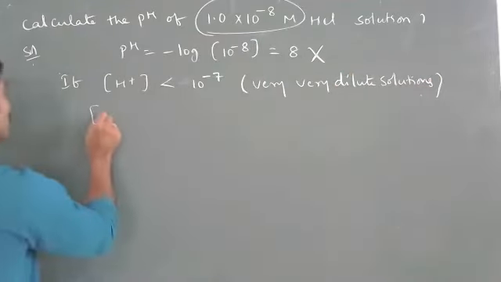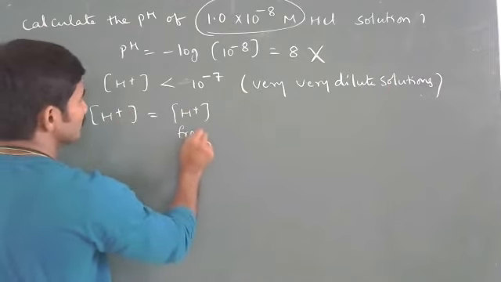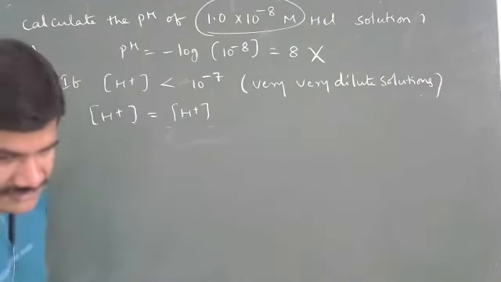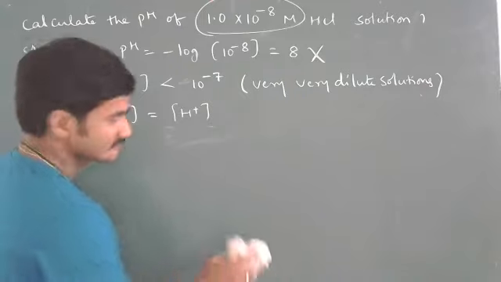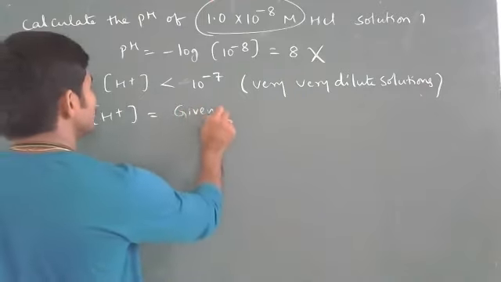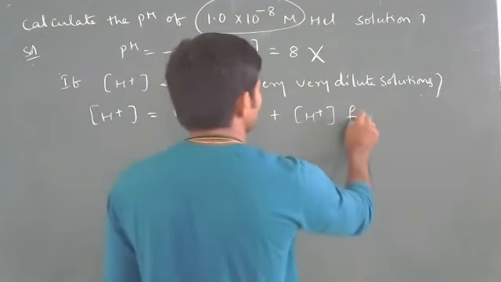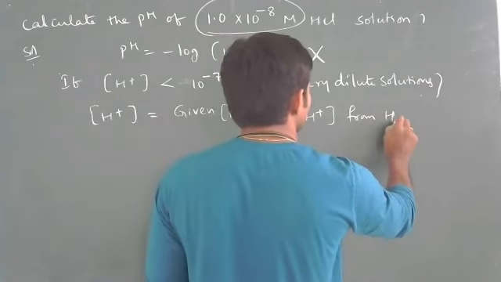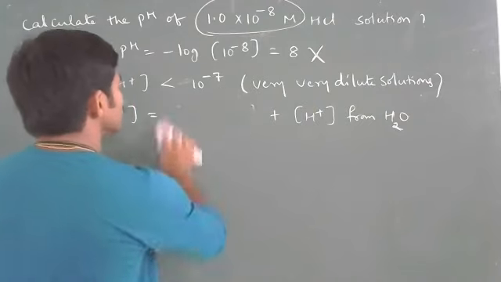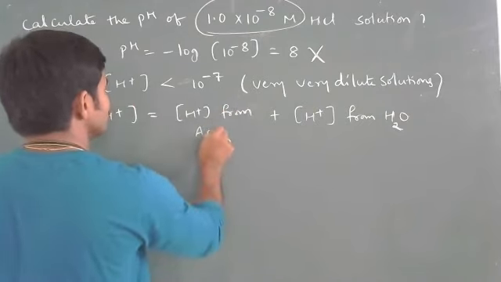So in that case, to calculate H plus concentration, the answer is not 0. Given H plus concentration plus H plus concentration from water. Given H plus concentration, instead I will write here H plus concentration from acid.